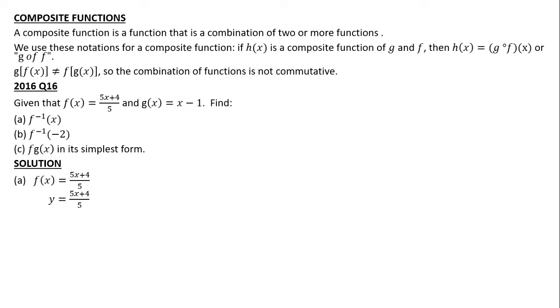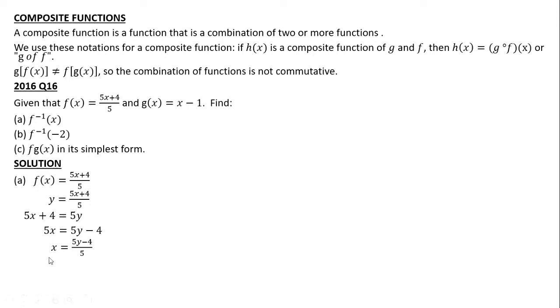So from there, we'll cross multiply. 5x plus 4 will be equal to 5y. We'll transpose the 4. Our 5x will be equal to 5y minus 4. To find the value of x, we'll divide both sides by 5. Our x is equal to 5y minus 4 divided by 5.